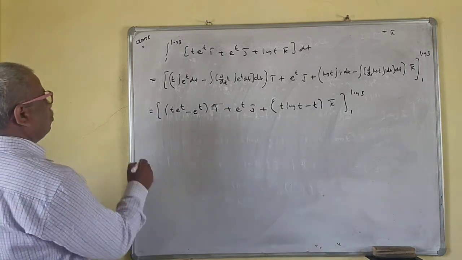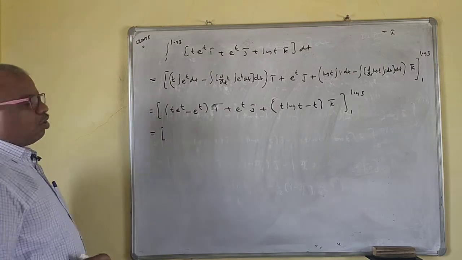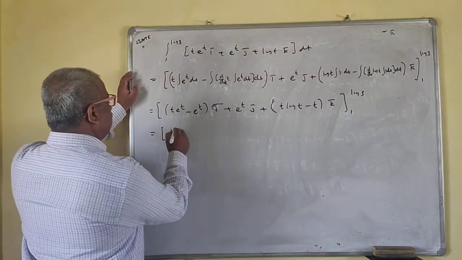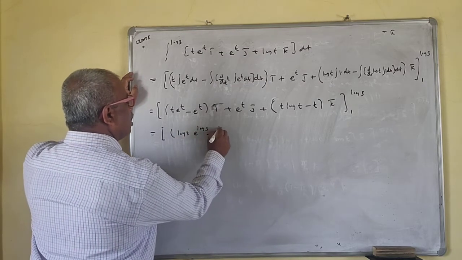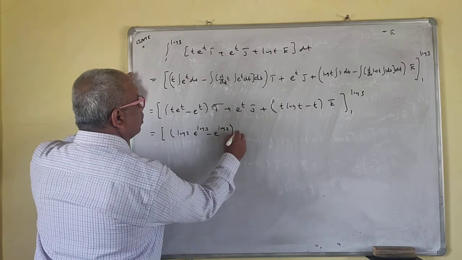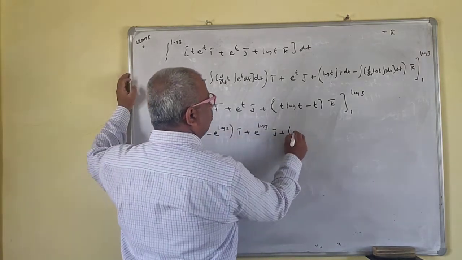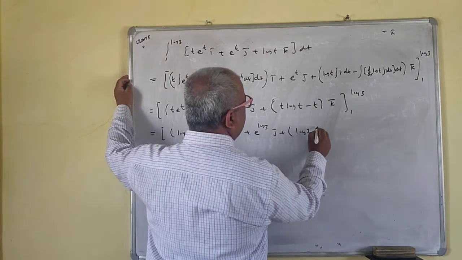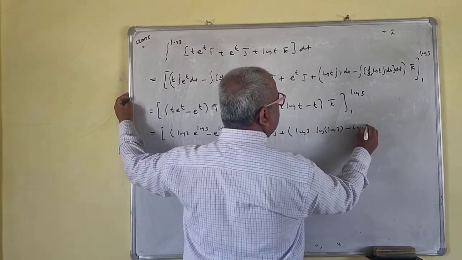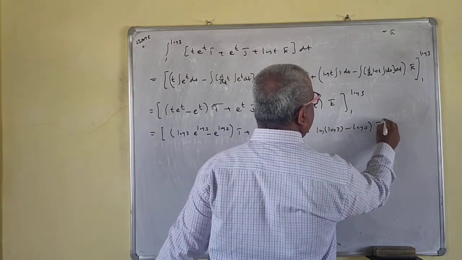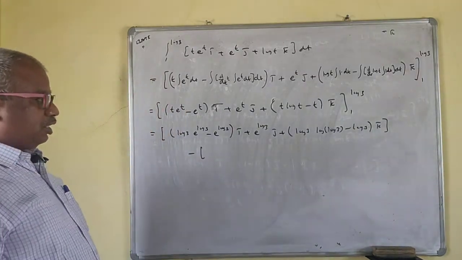So now we will put log of 3. So log of 3 e raised to log of 3 minus e raised to log of 3 I bar plus e raised to log of 3 j bar plus log 3 minus log 3 k bar, minus, you have to put t is equal to 1.